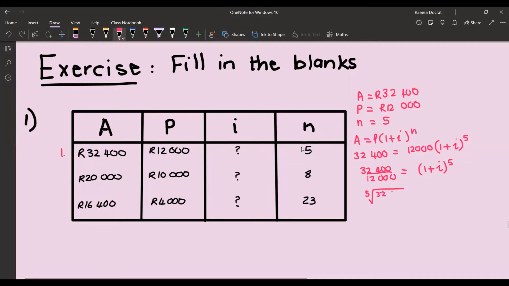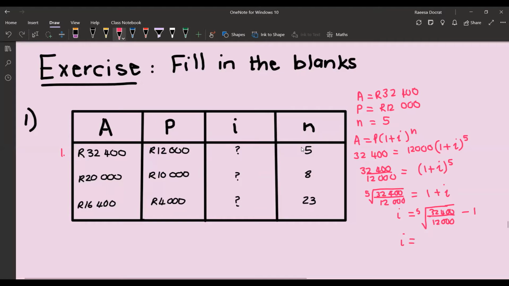So the fifth root of 32,400 over 12,000 is equal to 1 plus I. And then lastly, we subtract 1 on each side to get I by itself. So I is the fifth root of 32,400 over 12,000, minus 1.